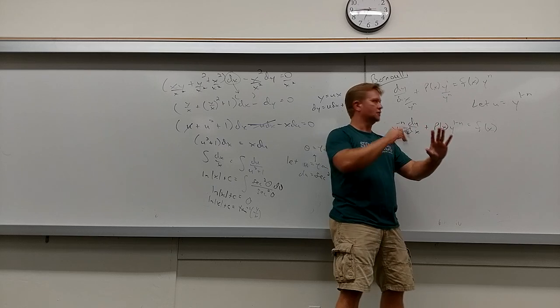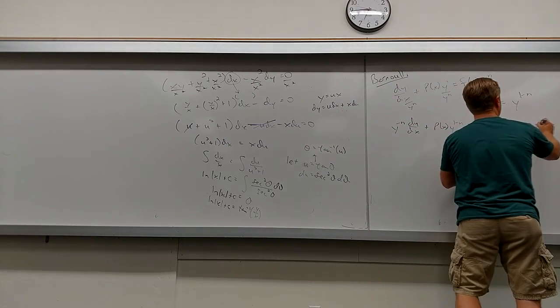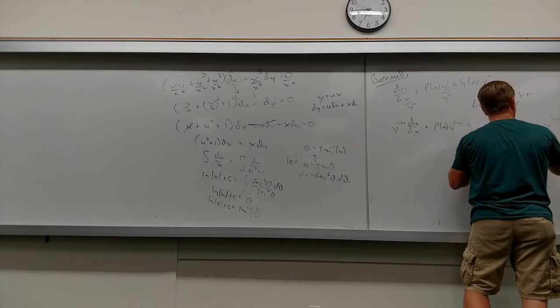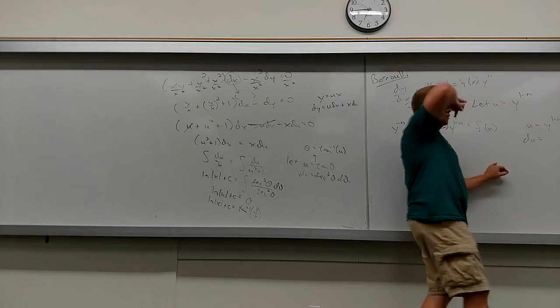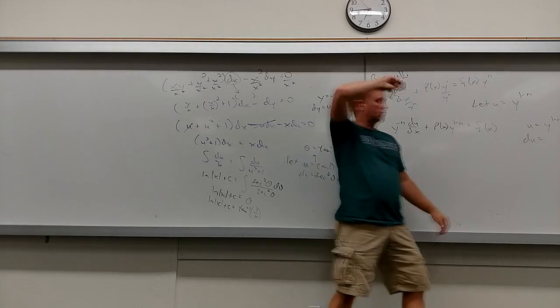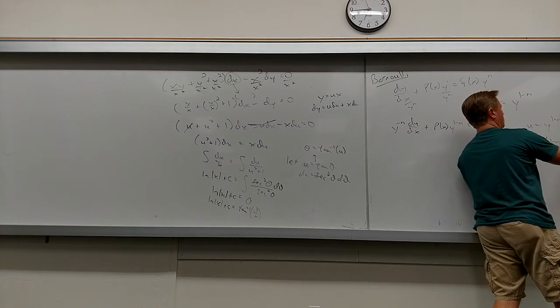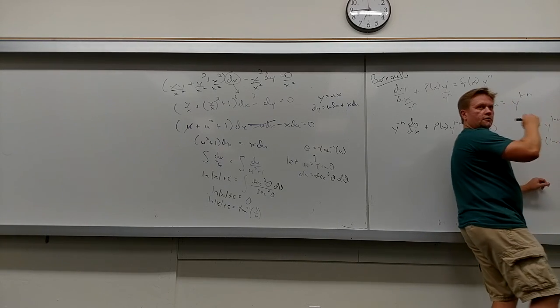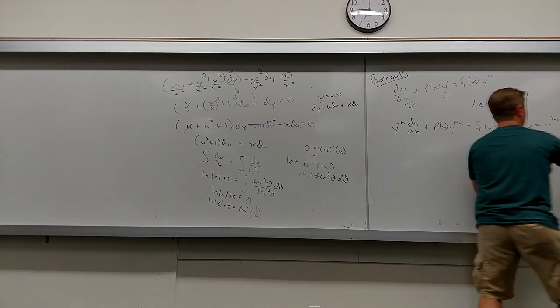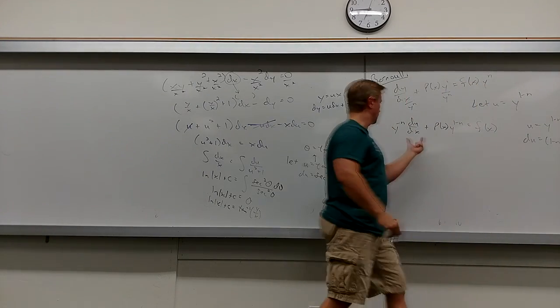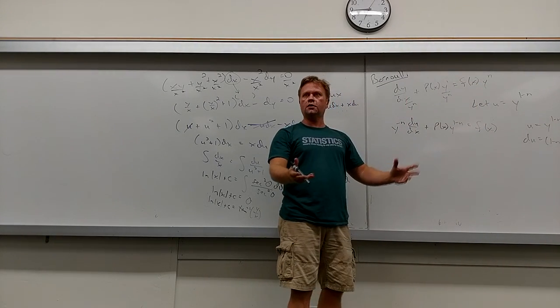Then the question is, what about that? Well, all right. If u is y to the 1 minus n, what's du? 1 minus n, y to the negative n dx. Yes, I know, that's really sweet.